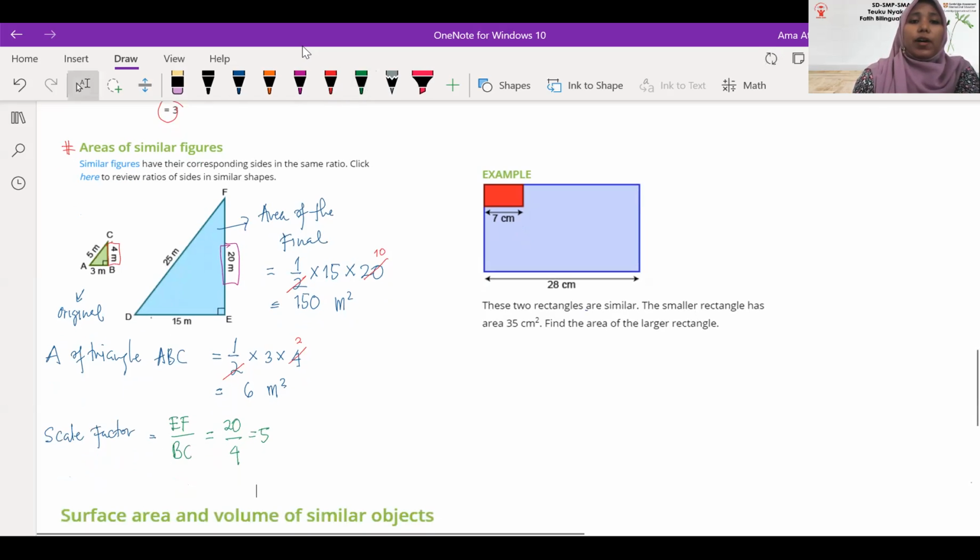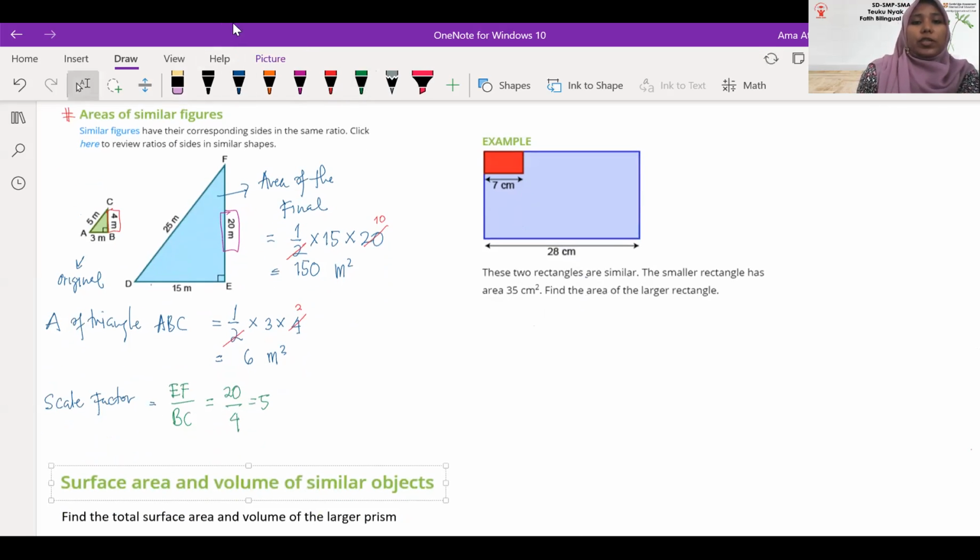Then we can find the area of the final using the scale factor. So the area of triangle DEF is the square of the scale factor, 5 squared, multiplied by the area of the original.